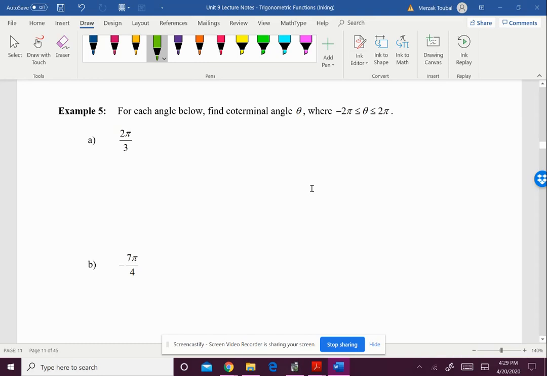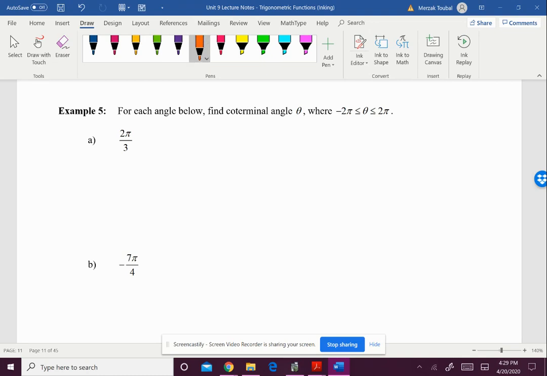Example 5 says for each of the following, find a coterminal angle theta, where theta is between negative 2 pi and 2 pi. It means it has to be less than 2 pi and greater than negative 2 pi.